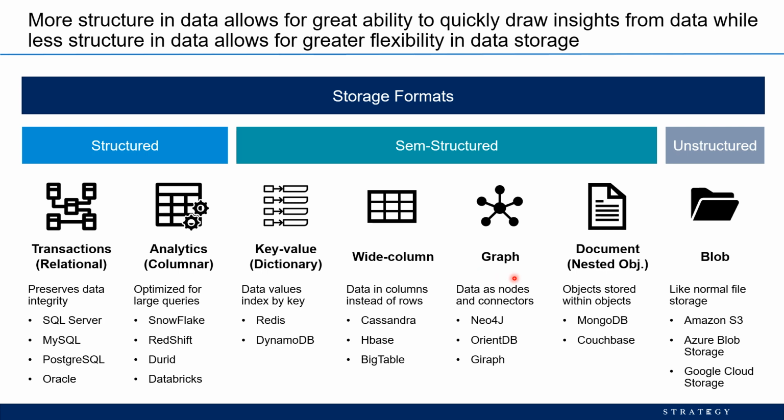Then there's graph databases, which you have different nodes, and the nodes are connected to each other by some kind of relationship. And then document databases, which are also known as nested object databases, where you'll have a document within a document, a little bit similar to key value pairs, but more focused on objects.